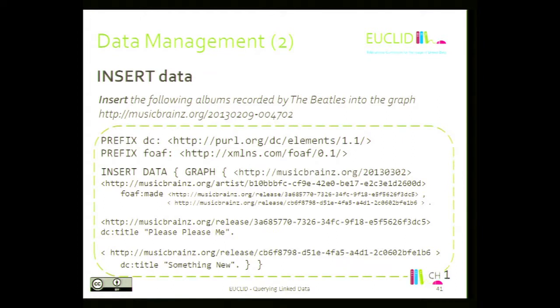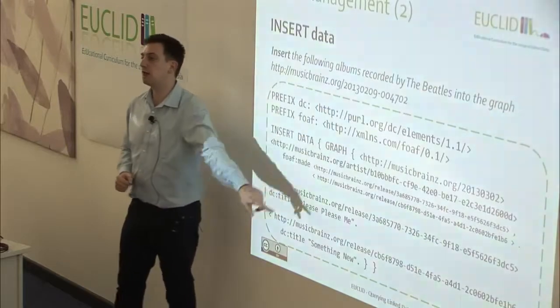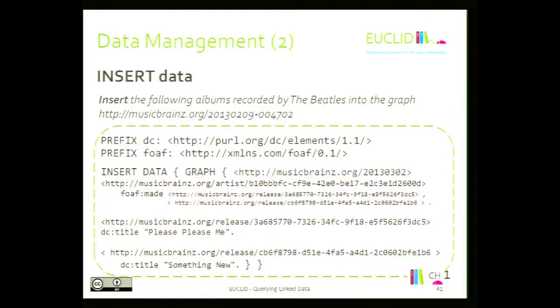So when we do an INSERT DATA, we can explicitly say we want to put it into a particular graph. This is the graph that you might have just seen very quickly and that you get to use in the exercises, which is a subset of MusicBrainz that was loaded just before this webinar.